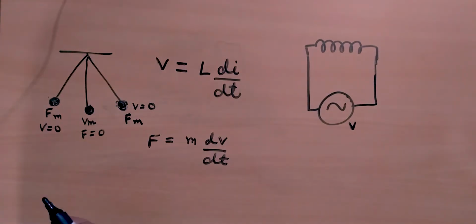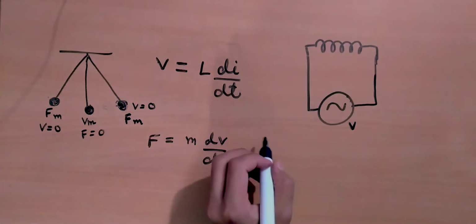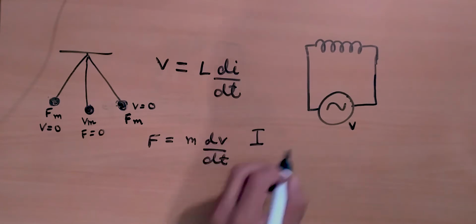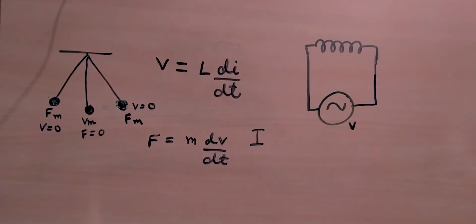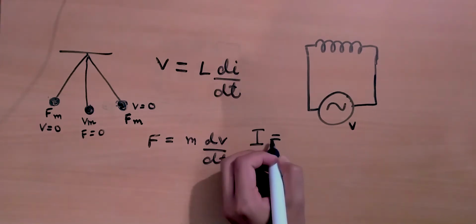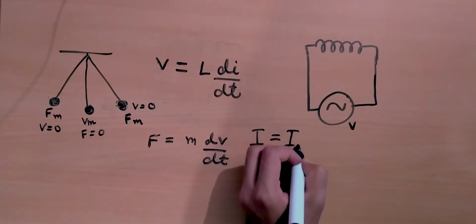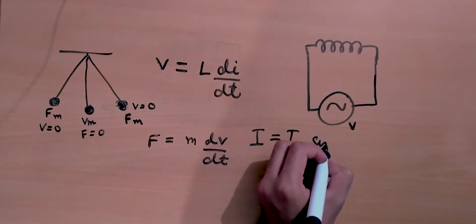So now if we draw the similar analogy in this particular case, I'll draw a graph here to support my argument. I'll write the equation for the current through this circuit. If you remember, the current through a purely inductive circuit, sorry for the video being a bit long, at any instant is equal to the maximum current times sine.